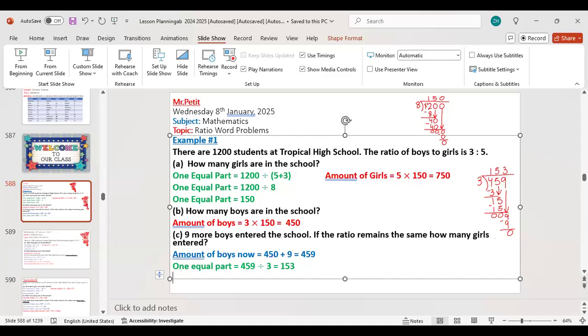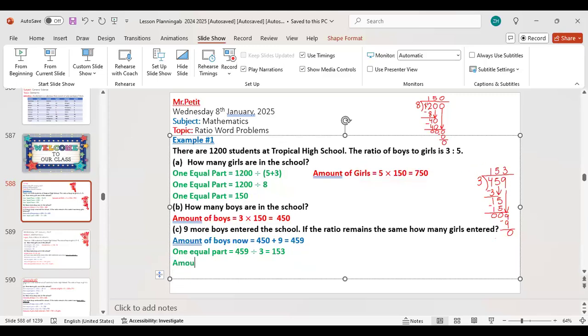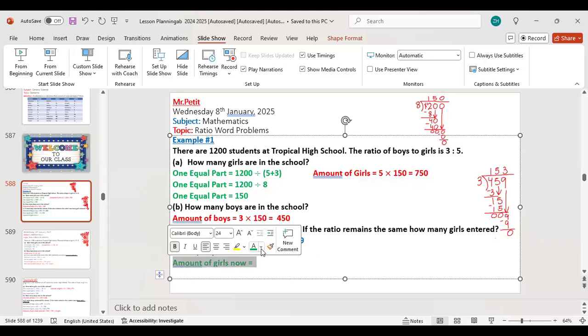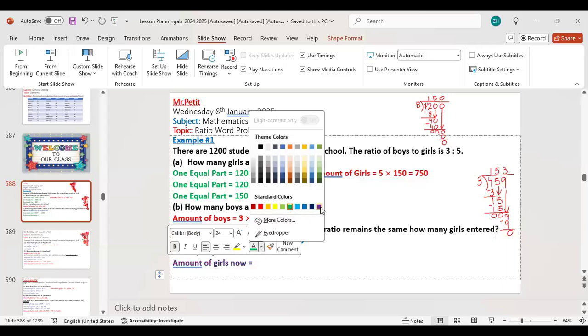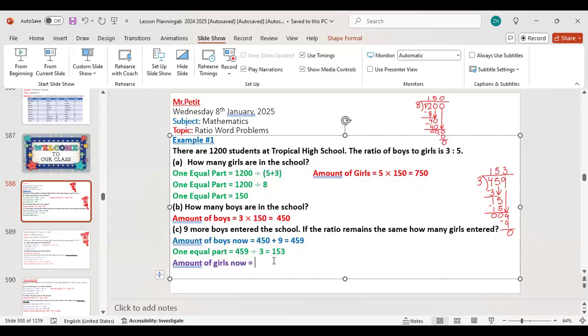So the amount of girls now is going to be the 1 equal part, 153, times what?